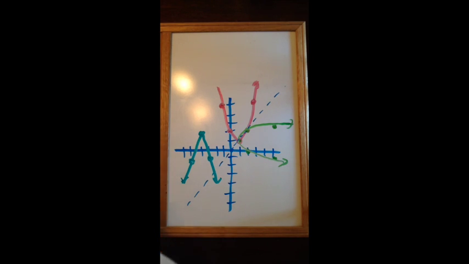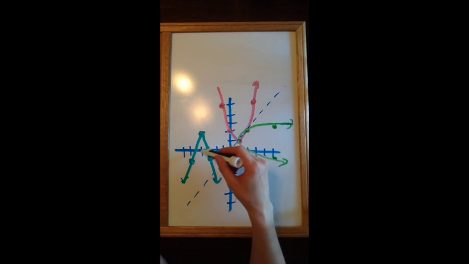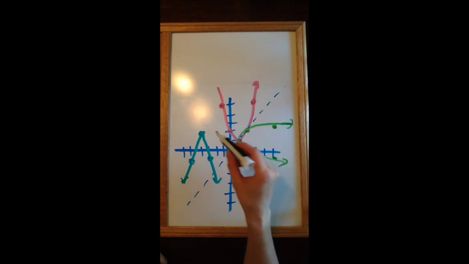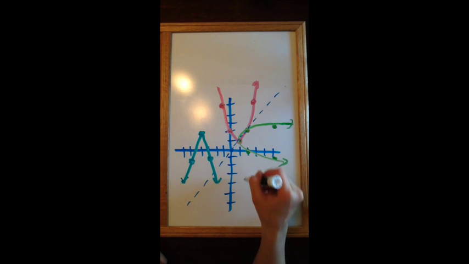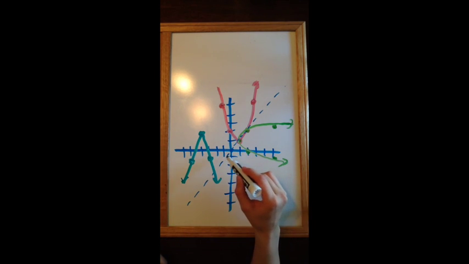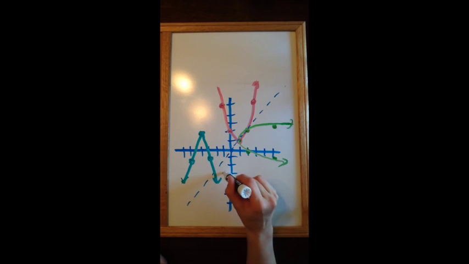So I'd switch this point (-4, 2) to (2, -4). So that would go over here. And then I would switch (-3, -1) to (-1, -3).